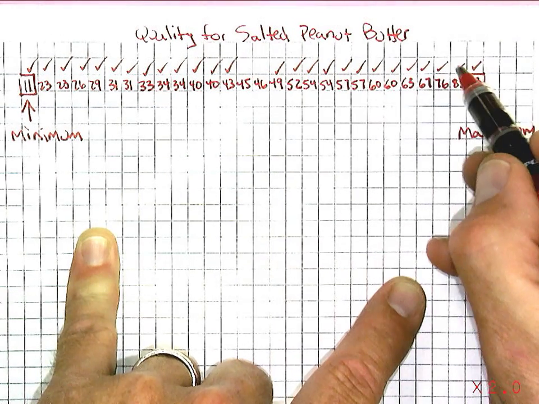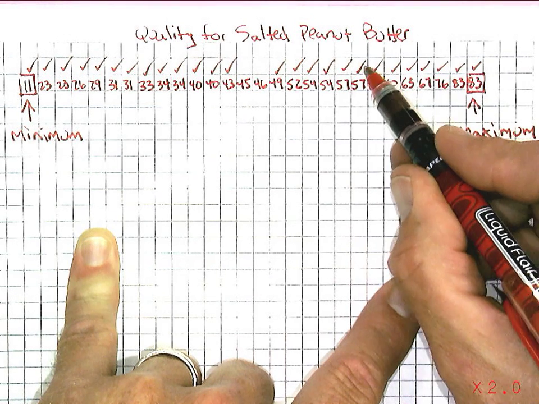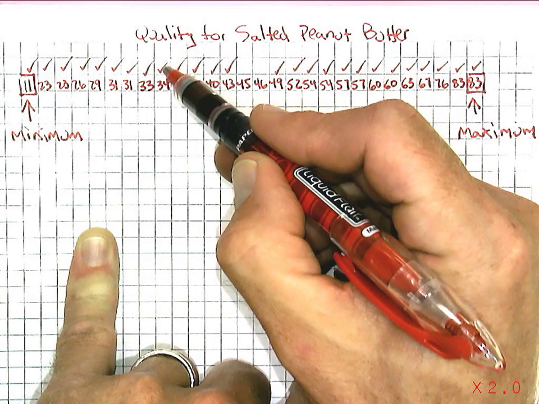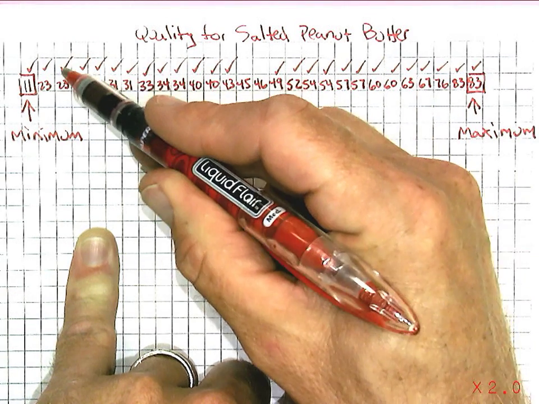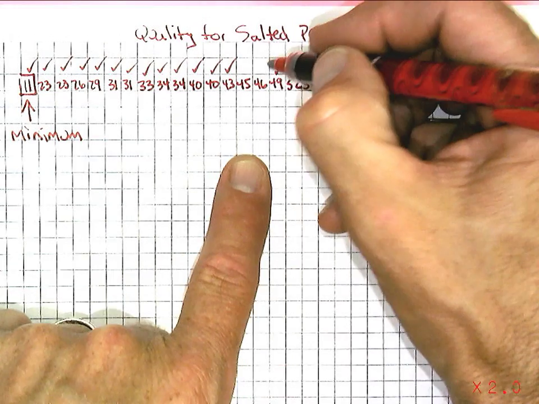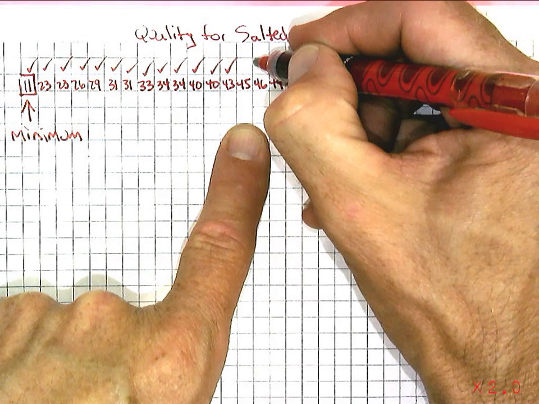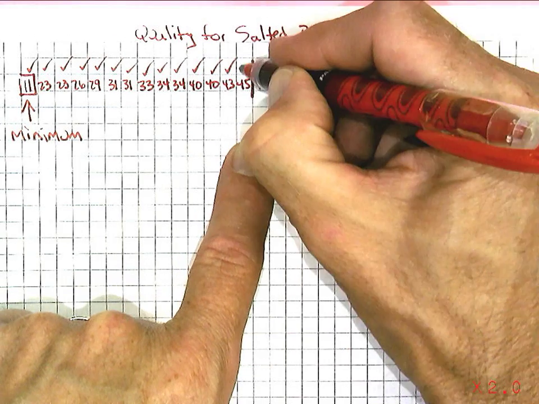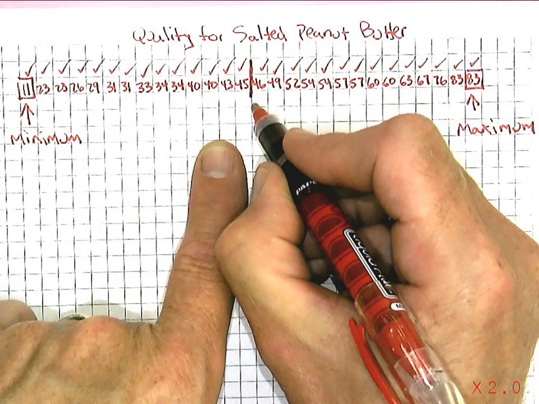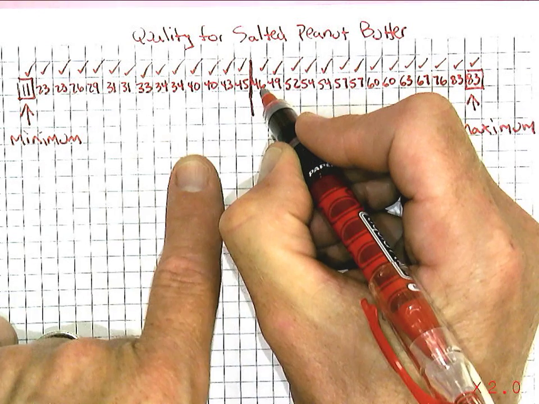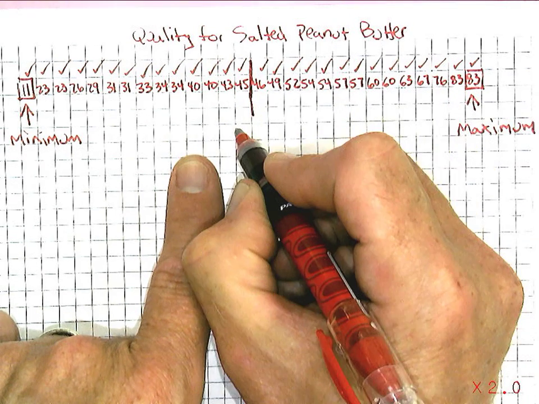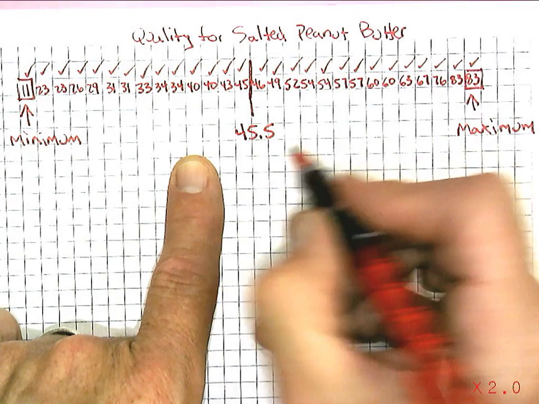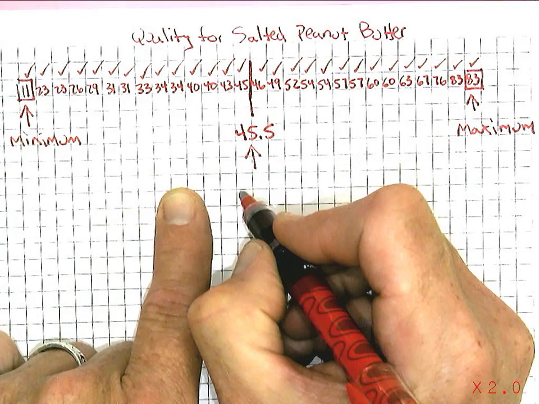So there will be 14, there's 28 numbers, 14 on each side. So my middle is between 45 and 46. And when it's between two numbers, we go actually between those two numbers. So 45.5 is the median, or middle.